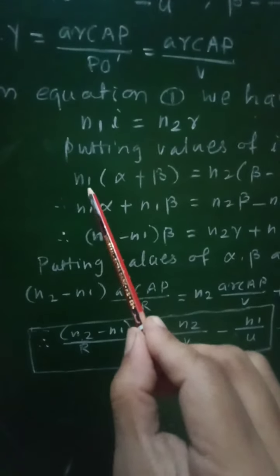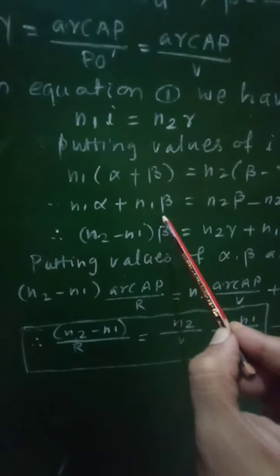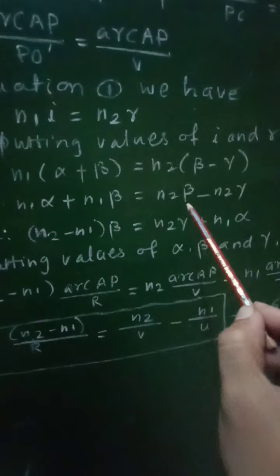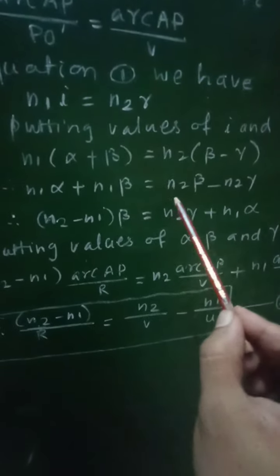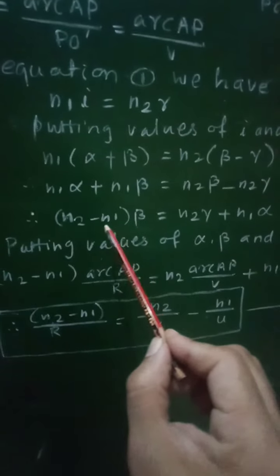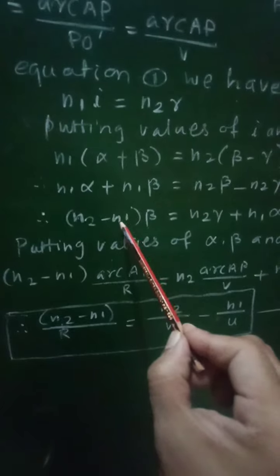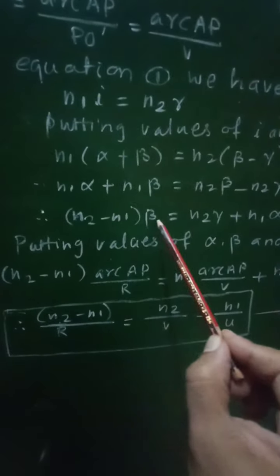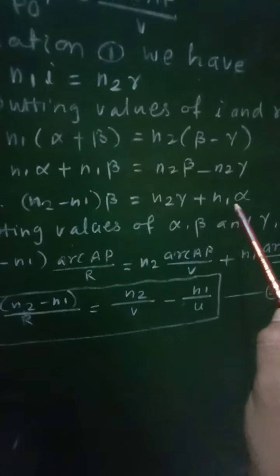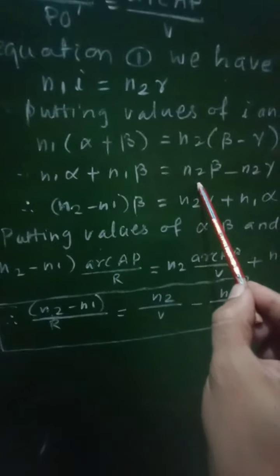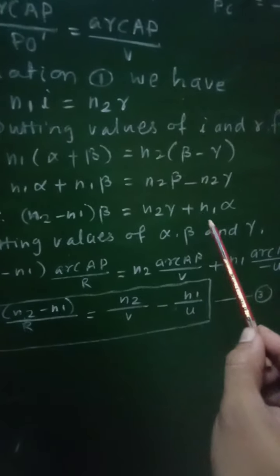Simplifying, n1 alpha plus n1 beta equal to n2 beta minus n2 gamma. Now taking the two terms having beta on one side, (n2 minus n1) beta will be equal to n2 gamma plus n1 alpha.